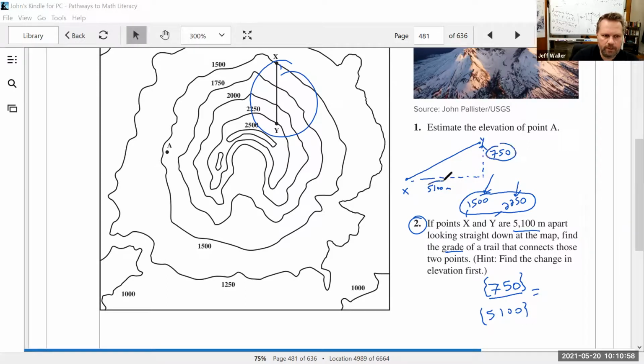Change in Y divided by change in X. If they would ask me, how far did we actually walk, then I'd want to do the distance formula because now I want to know how long that is. The grade is just sort of like, how steep is it? Not how long is it? Okay. Kind of. Did that picture not help? I think I get it a little bit better. So it's rise over run, just like we do with between points.